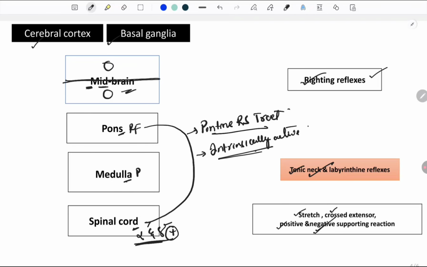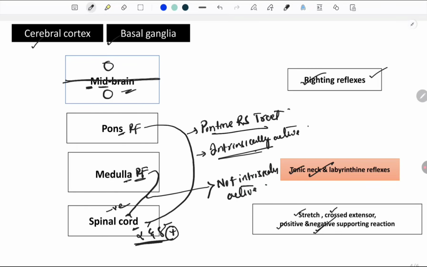Similarly, there is also a reticular formation in the medulla, from which arises a tract called the medullary reticulospinal tract. Now, unlike the pontine reticulospinal tract, the medullary reticulospinal tract has an inhibitory effect on the alpha and gamma motor neurons in the spinal cord. However, one very important point to remember is that this medullary reticulospinal tract is not intrinsically active.